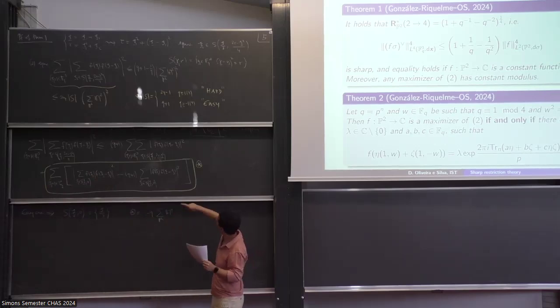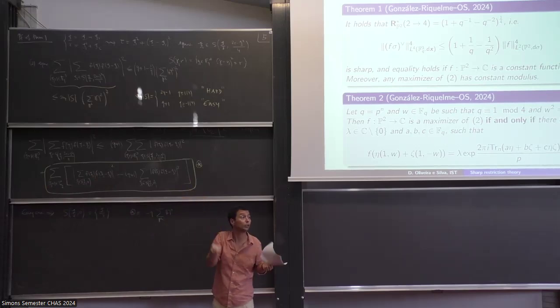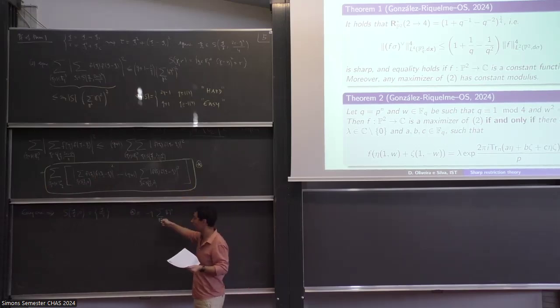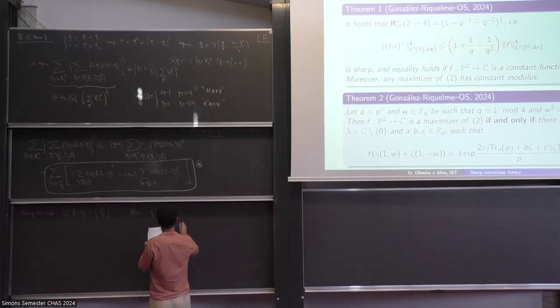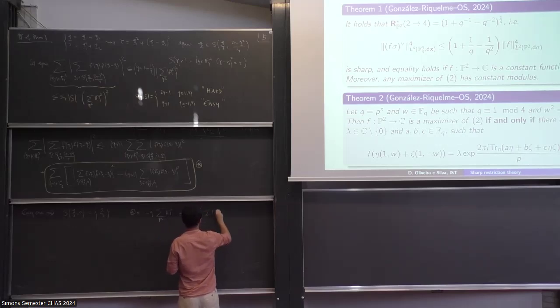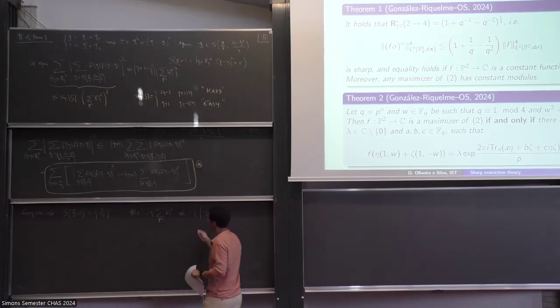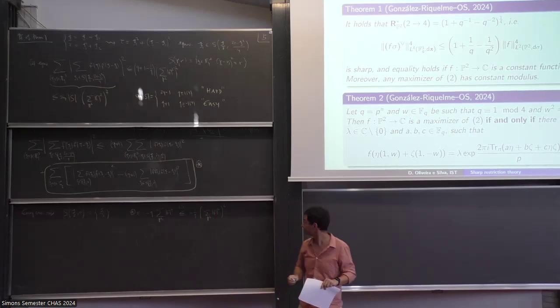Is this what we wanted? Not yet, because we're trying to bound this whole thing in terms of an L2 norm. But to get from here to L2, we just use Hölder or Cauchy-Schwarz: it's bounded by minus 1 over q here, times the same bound. Okay. This is just one last application of Cauchy-Schwarz.